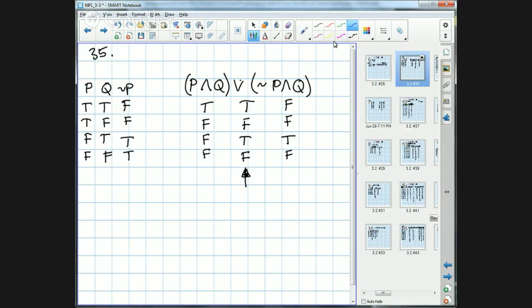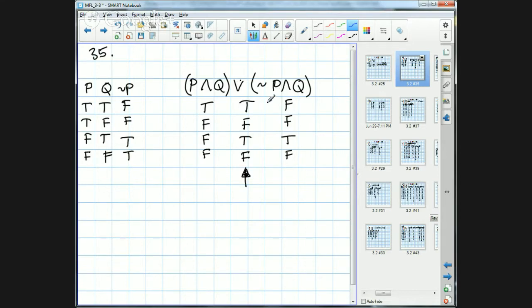So the correct process, the first set of parentheses, I get that. The second set of parentheses is where I made my mistake. Maybe I should have drawn in the details here. Here's how I would have. I'll draw them in here. So let's put the not P right over here.